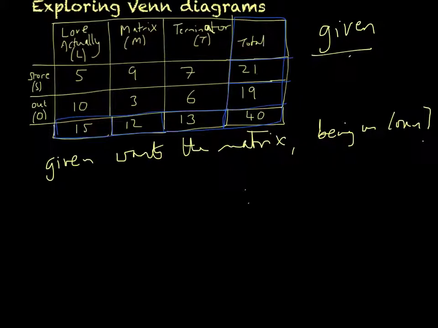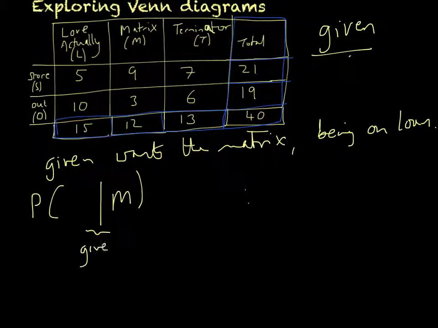Okay, so given that they want the matrix, we already know they want the matrix, what's the probability of this being on loan? Well, let's think about this. Let's get this notation right then: the probability of on loan given that they want the matrix. That's what this sign here means, it means given, and we want to know the probability of it being on loan, given that it's the matrix.